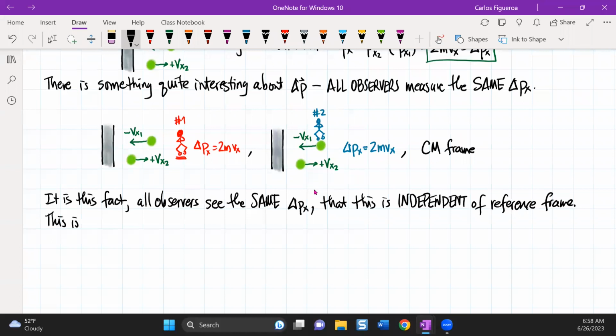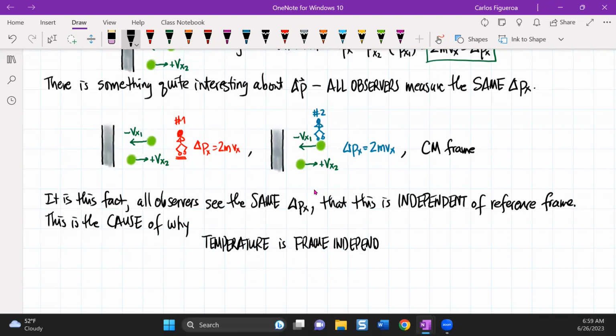This is the cause of why, check this out, temperature is frame independent in classical physics.